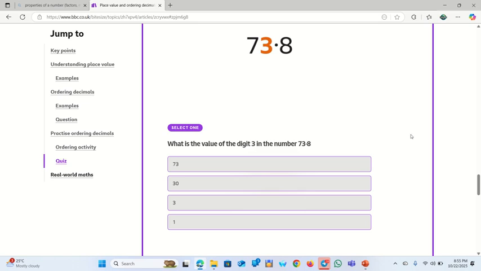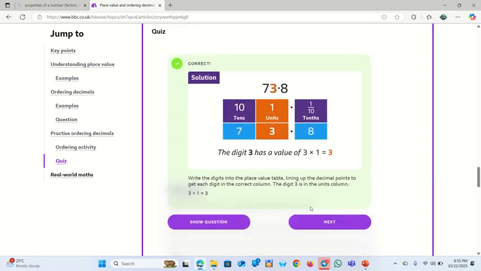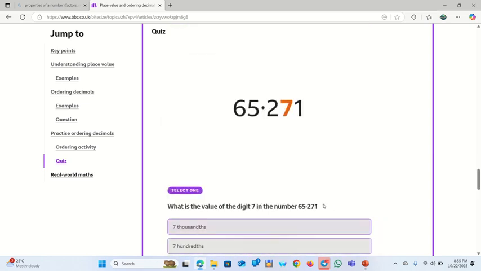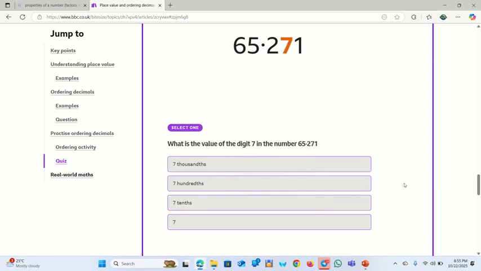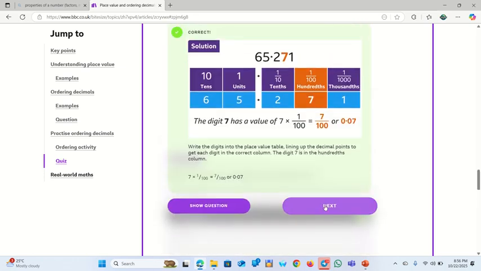Okay, that's correct. Let's go to the next question. This one would be the 700s. 700, that's correct. Let's go to the next question.